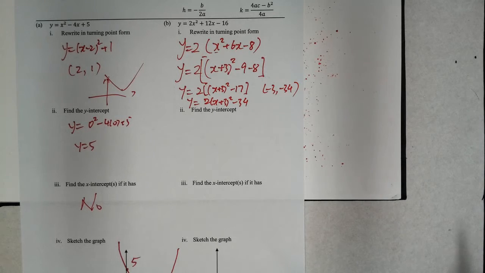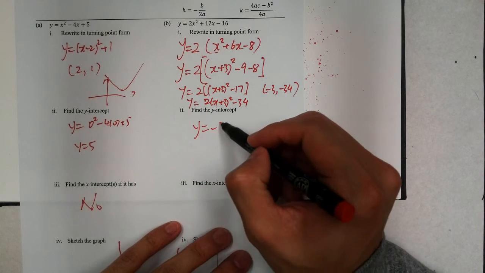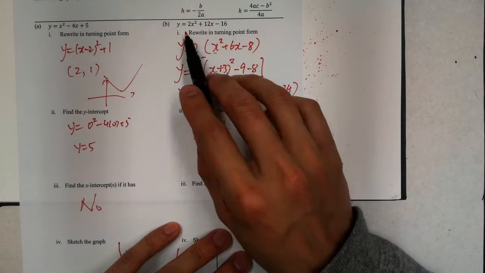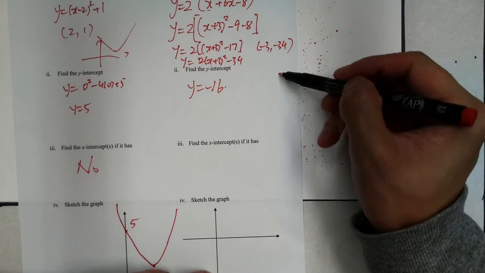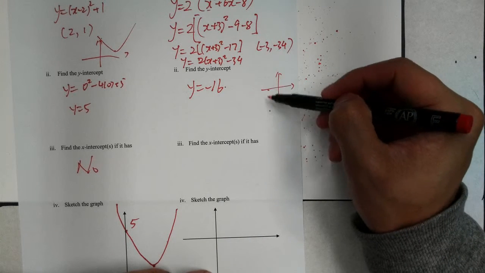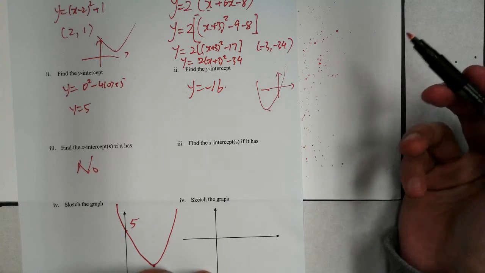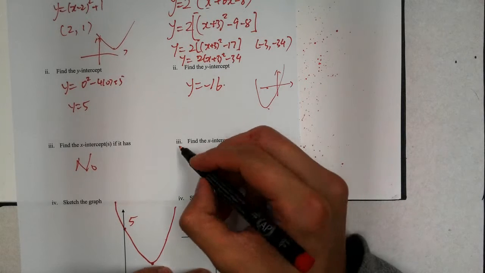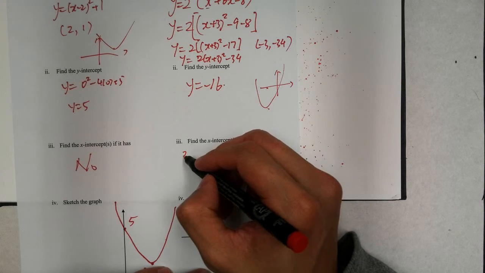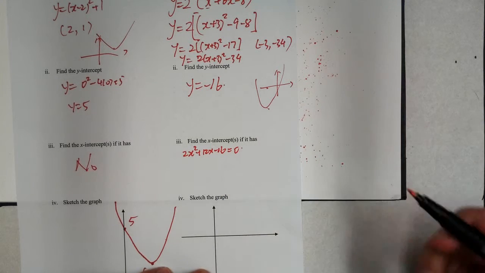So that's enough. Okay, so the y-intercept is straightforward, it's negative 16. You just sub 0 in. Now because the turning point is negative 3 and negative 34, the graph should draw like that, isn't it? So there will be x-intercepts. How do we find them? Actually, we just need to do 2x squared plus 12x minus 16 equal to 0.